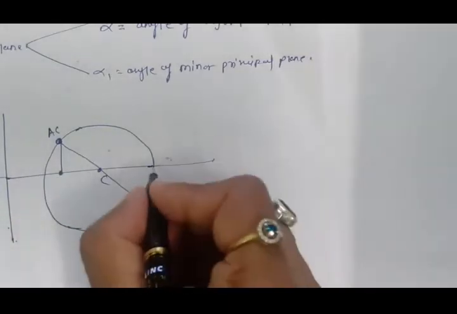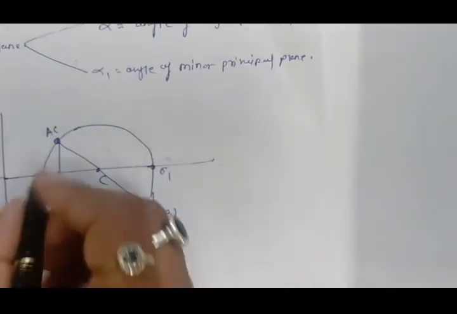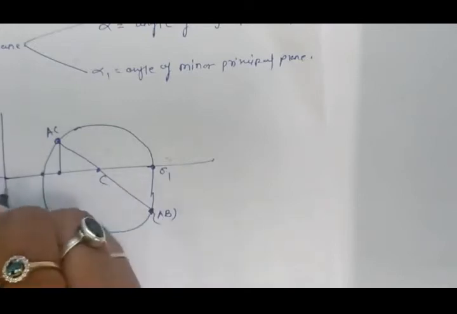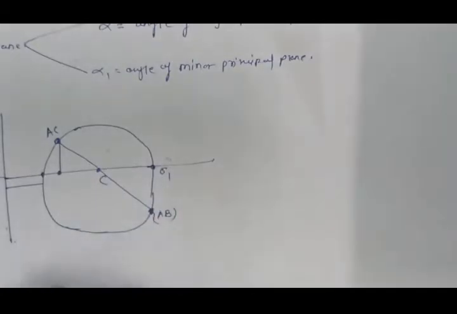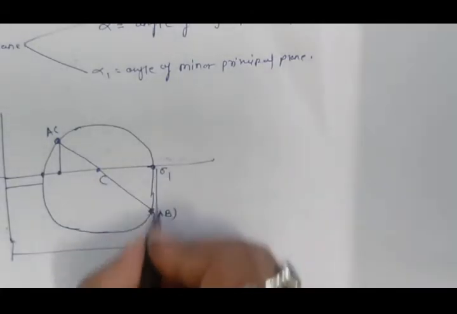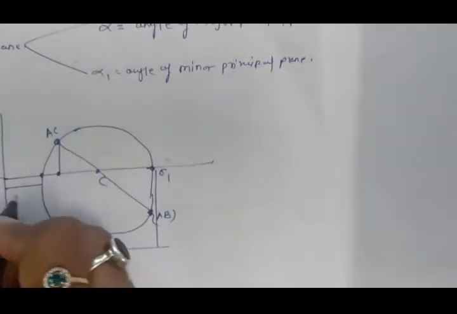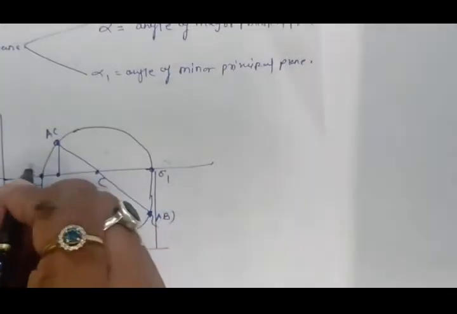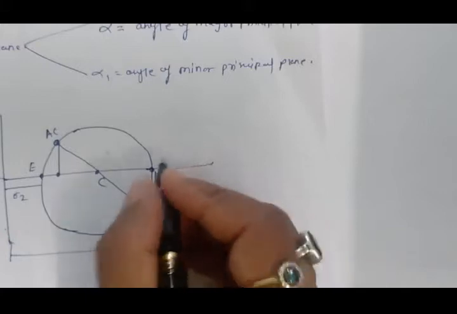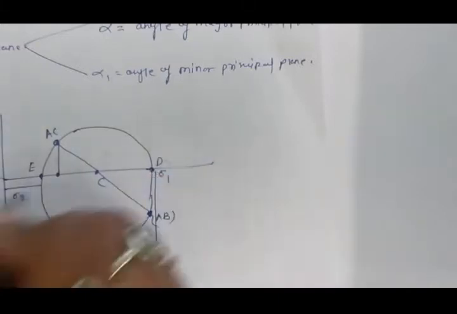This is our principal plane sigma 1, the major principal stress, and this is the minor principal stress. I have already denoted these as D and E.